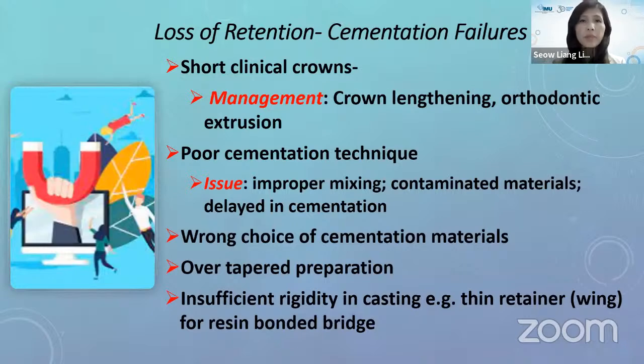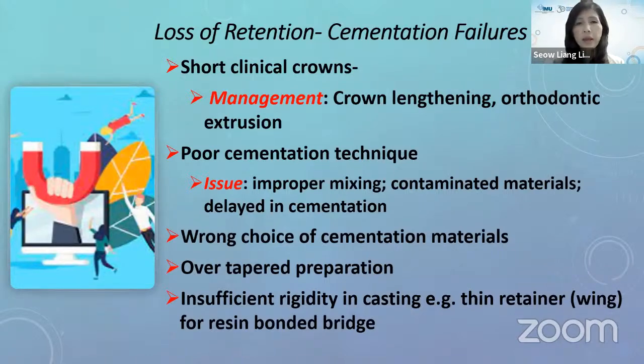So for resin bonded bridges, you still need to rely on the proper resin luting cement and using a proper cementation protocol. You need to have a treatment for your tooth, for example, etch and then bond with dentin bonding agent.